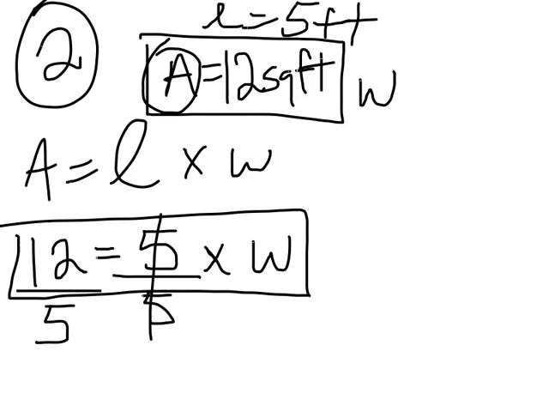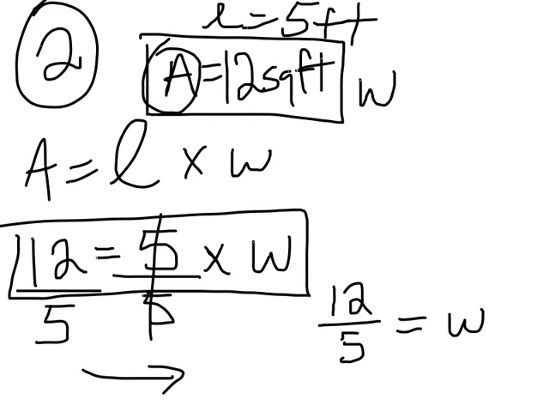So now our equation is 12 fifths is equal to W. So W is 12 fifths, but let's write it as a mixed number. How many times does 5 go into 12? Well, we know W then is going to equal 2 and 2/5.